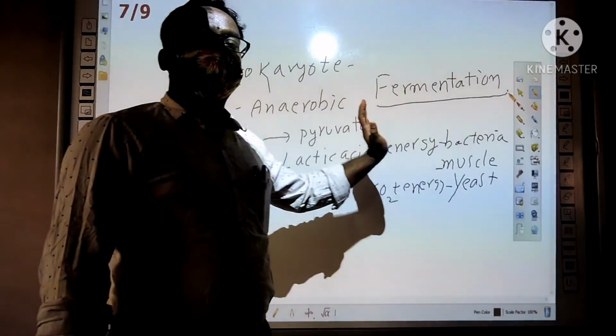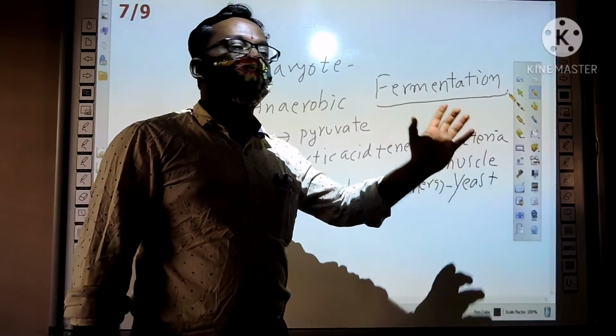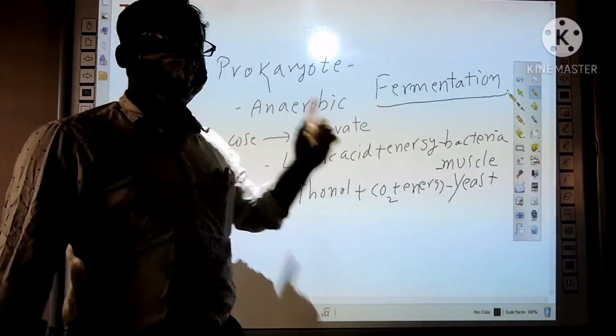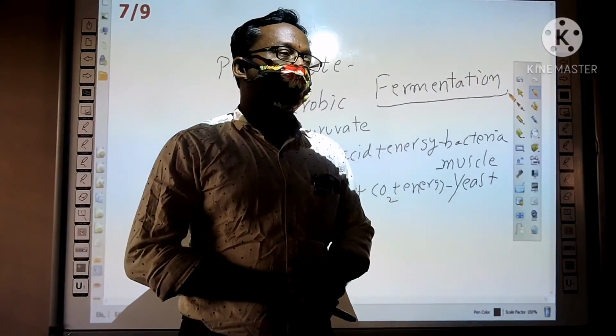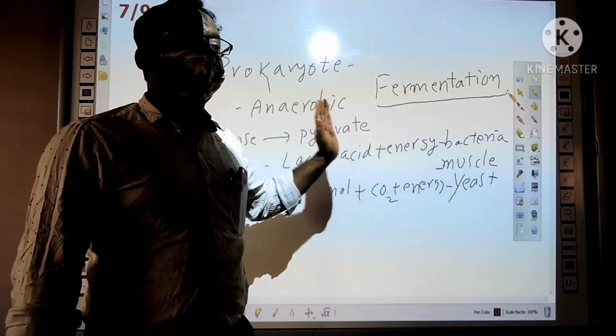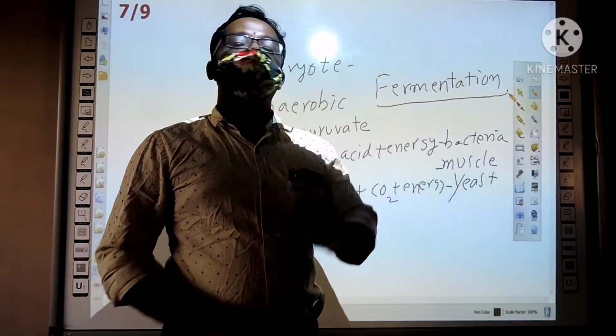So there is a difference between aerobic and anaerobic. In aerobic, respiration takes place in the cytoplasm and mitochondria. Anaerobic occurs only in the cytoplasm. In aerobic respiration, 32 ATP are released. In anaerobic, only 2 ATP of energy is released.